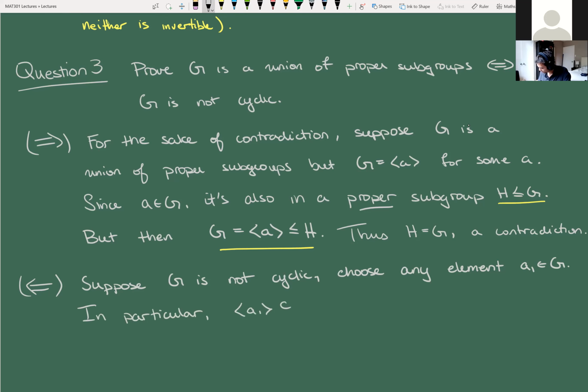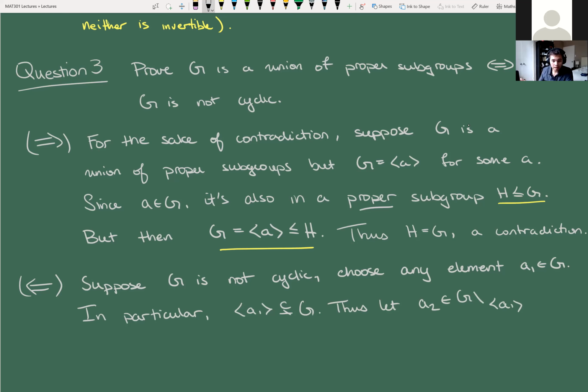It is a strict subset of G, right? So we can find another element, A2, which is not in the subgroup generated by A1. Let A2 be in G without A1.